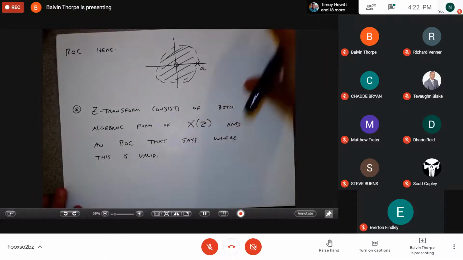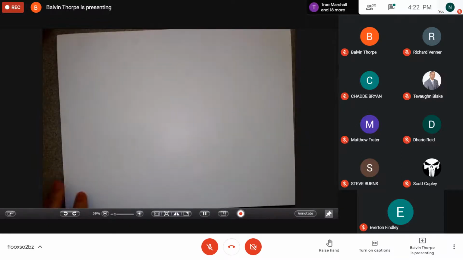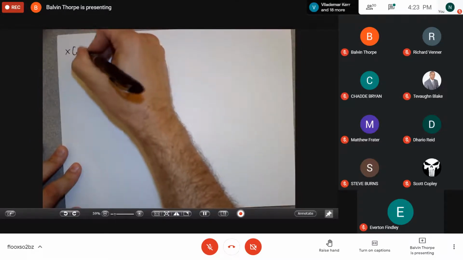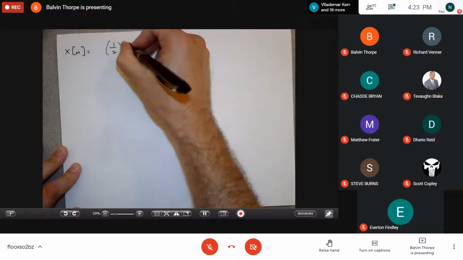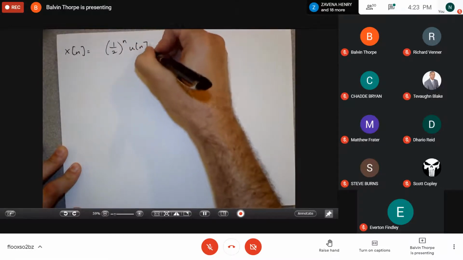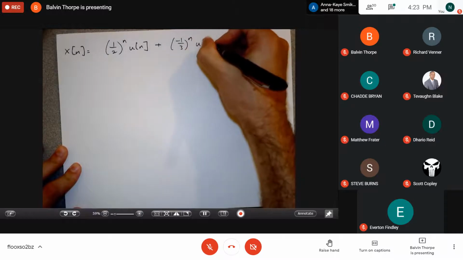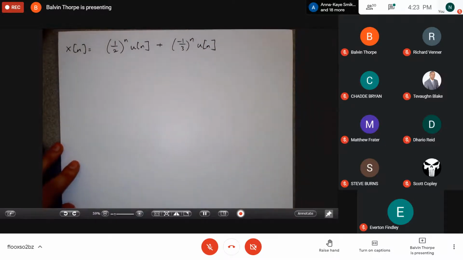So let's do a little more complicated example. Here I'm going to just use the linearity of the Z transform. So here, let's suppose that I have this signal. Okay, and so again, just like with the Fourier transforms, after you've learned what a property is, I'm going to allow you to use it.